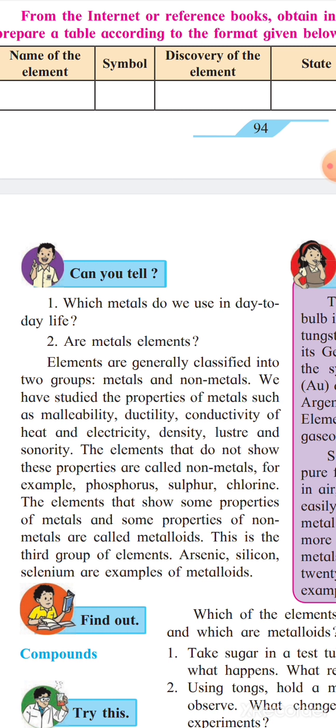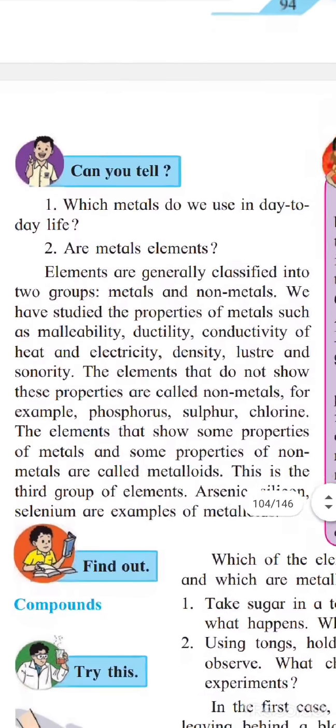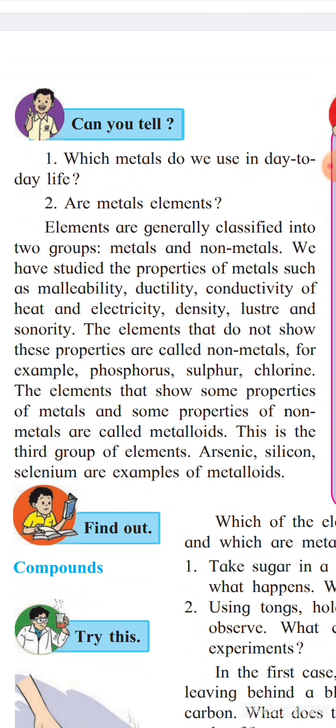Now, first of all we are going to start with elements. See the definition. Elements are generally classified into two groups, metals and non-metals. We have studied the properties of metals such as malleability, ductility, conductivity of heat and electricity, density, luster, sonority and so on.